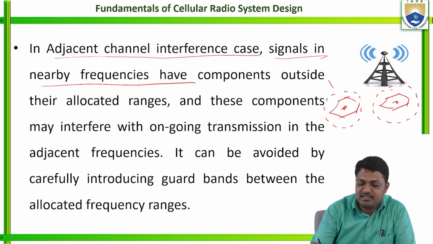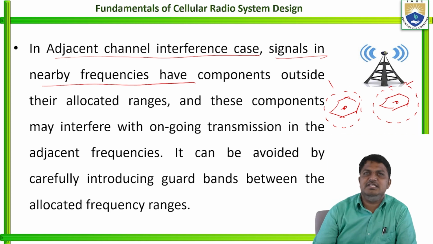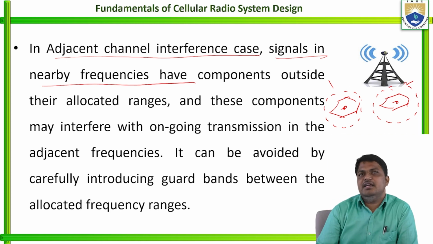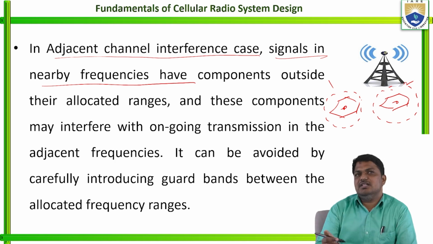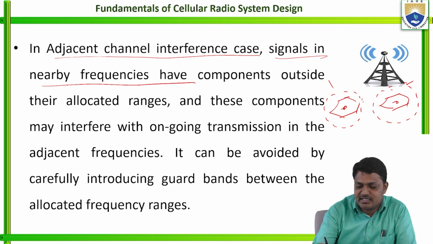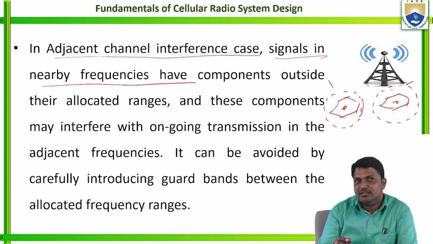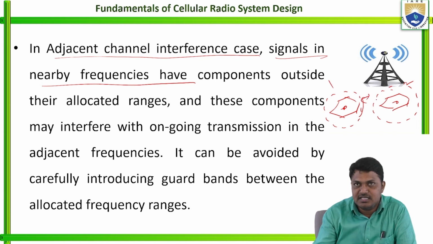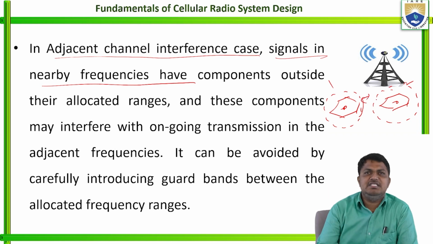This is base station 1 and this is base station 2, and the dotted lines are the coverage area. The signal in nearby frequencies has components outside the allocated range. For example, the allocated range is this one only, but the frequency has components outside of this allocated range, and these components may interfere with the ongoing transmission in the adjacent frequency.